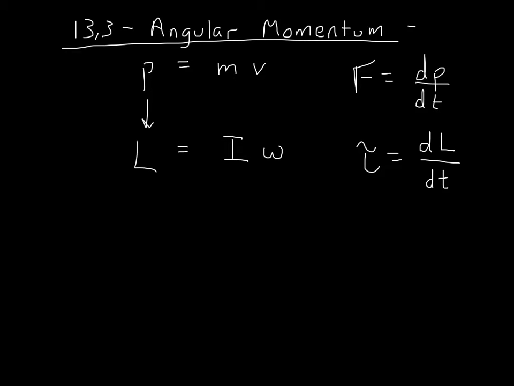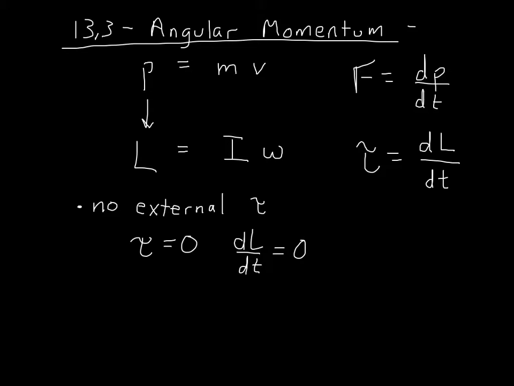Now, if no external torques are acting, in the absence of any rotational forces, then we know tau is equal to 0. So the change in angular momentum, dL/dt, is also equal to 0, which means that L has to be constant.